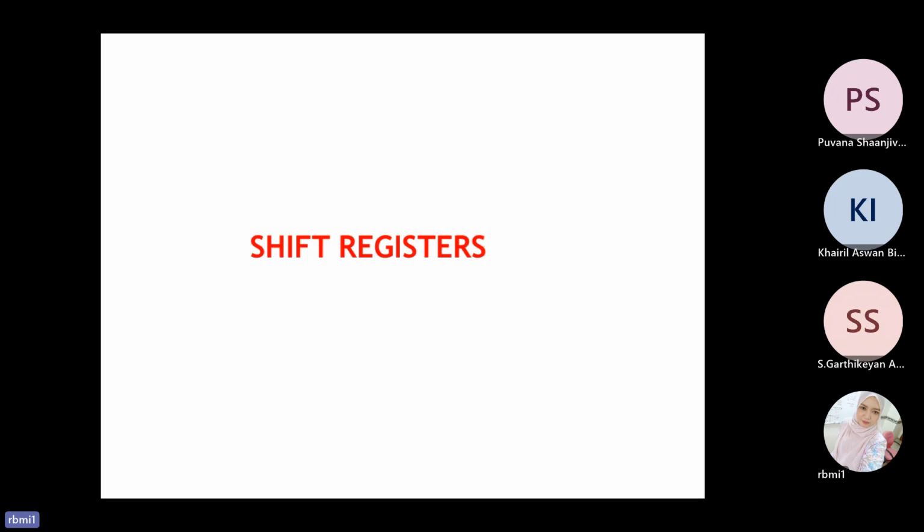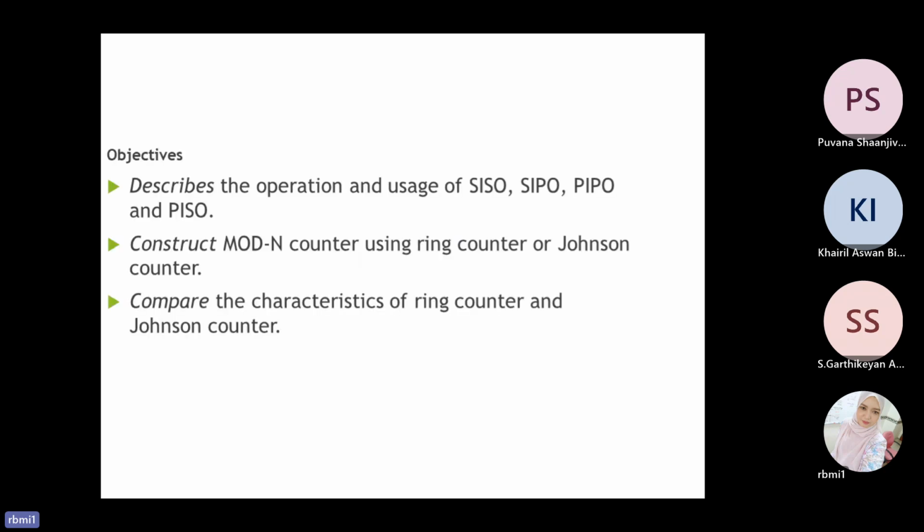Alright, next we go for shift registers. A shift register is a digital circuit that can store and shift a sequence of bits. It is a type of sequential logic circuit commonly used in digital electronics.